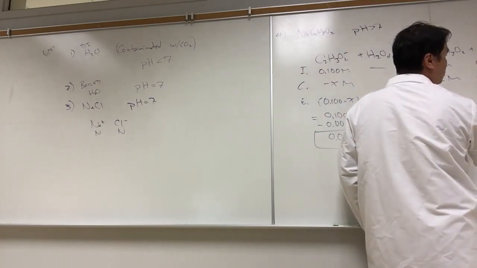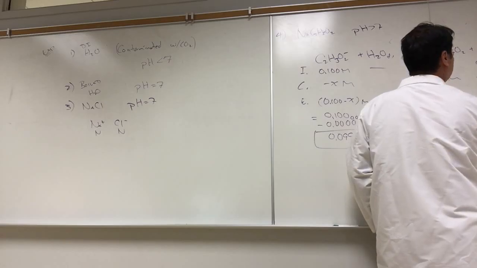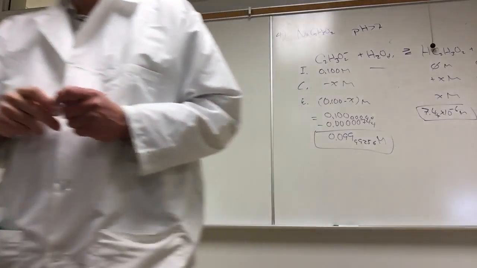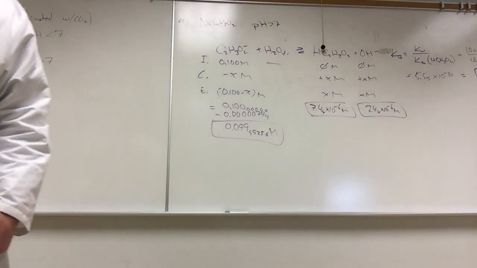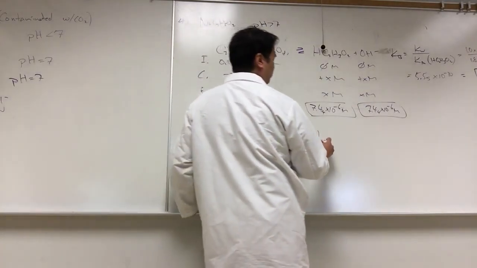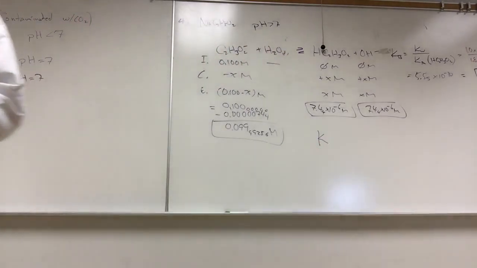And the hydroxide concentration, 7.44 times 10 to the minus 6 molar. So we should double check these concentrations to make sure we didn't make any mistakes. And so just make sure the K checks out. Yeah, that's good. Okay.